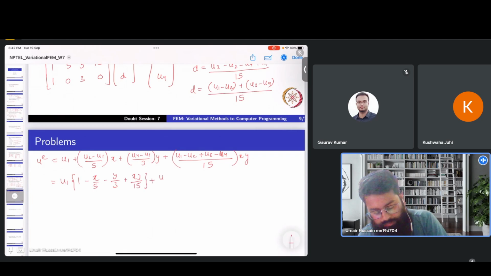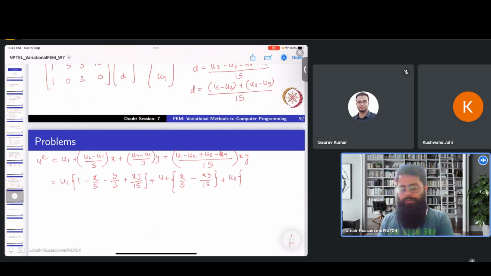Then U2 is x by 5 minus xy by 15, plus, what is the coefficient of U3? xy by 15.